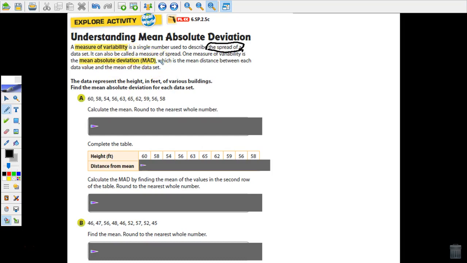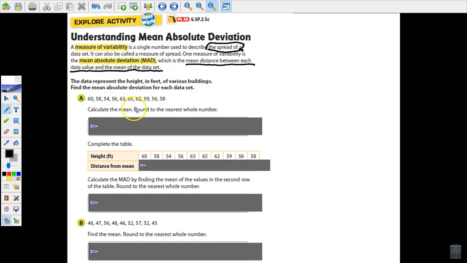One measure of variability is the mean absolute deviation, or MAD, which is the mean distance between each data value and the mean of the data set. Okay? So the data represent the height in feet of various buildings. Find the mean absolute deviation for each data set. So this is how we work it out, okay?